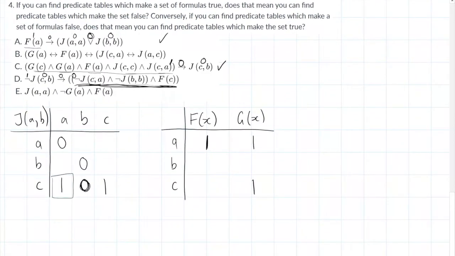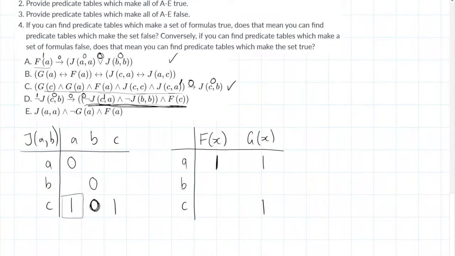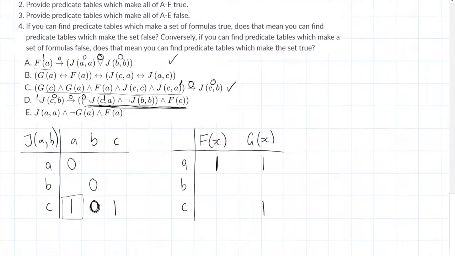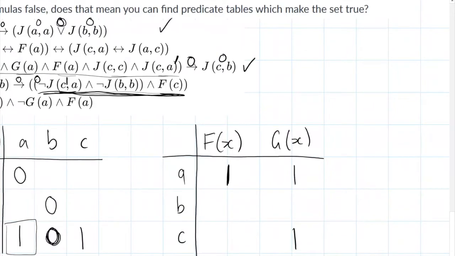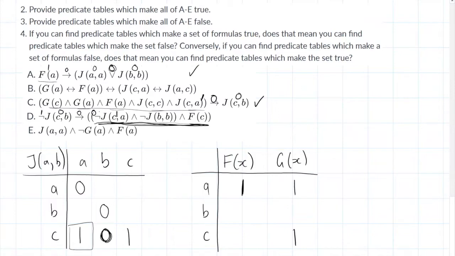And so the negation of JCA will be false. And that fulfills my requirement because I needed at least one of these conjuncts to be false. And we found one. This first one over here is false. So now it doesn't matter what the values are of these other two. I can tick off formula D because I've succeeded in making that one false.